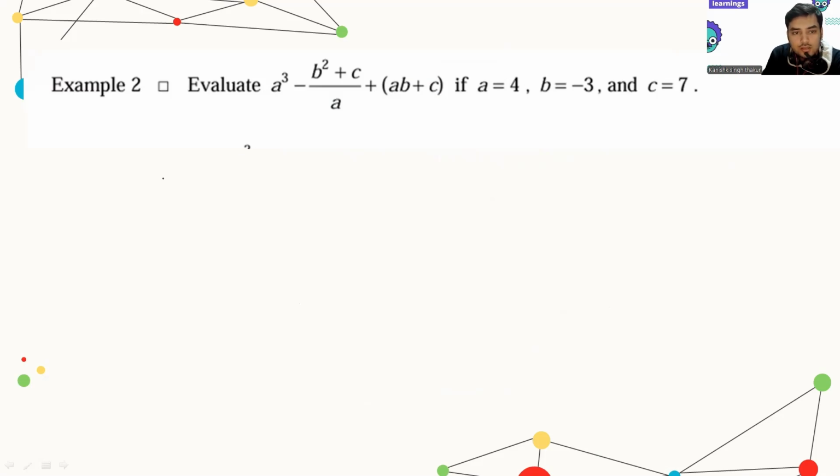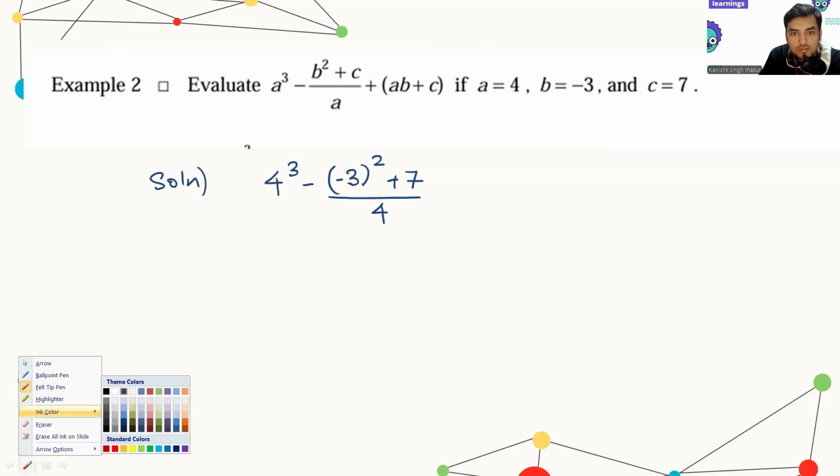Here a is 4. I'll put all the values: 4 cube, take away b square, which is minus 3 whole square, plus c is 7, over a is 4. I'll put this with a bracket so that I do not make a mistake.